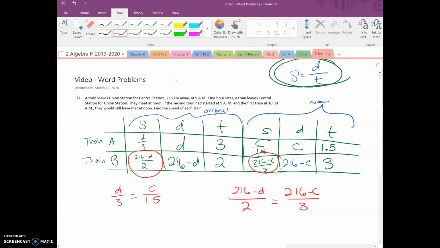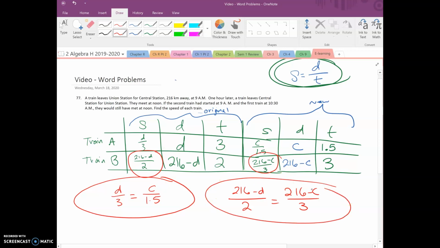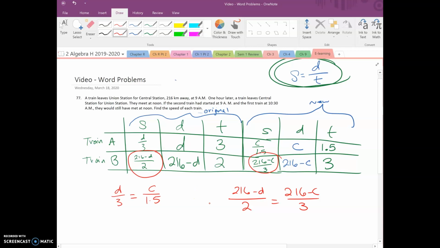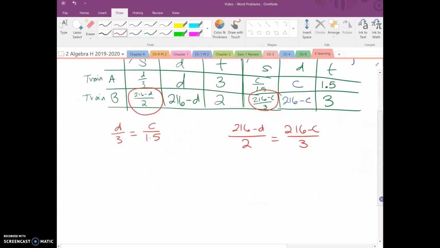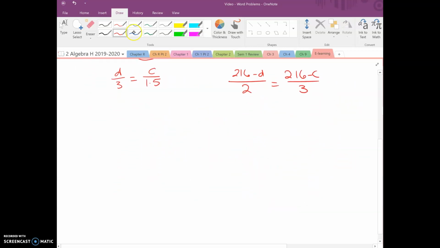Okay. Do you think that's a solvable system? Have we got two equations? Do they involve two variables? Yeah, you can solve that. Good. I would suggest you pause this and solve it on your own, but I'll keep going.